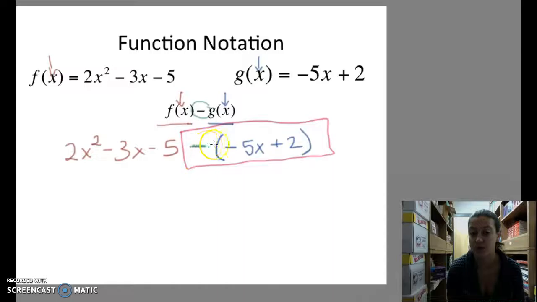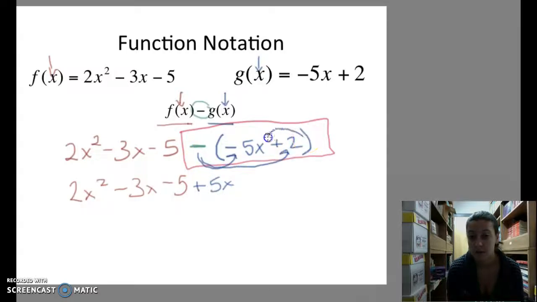We have to distribute our negative sign. So this didn't change. This was 2x squared minus 3x minus 5. That's now positive 5x. And that's now negative 2, distributing the negative.